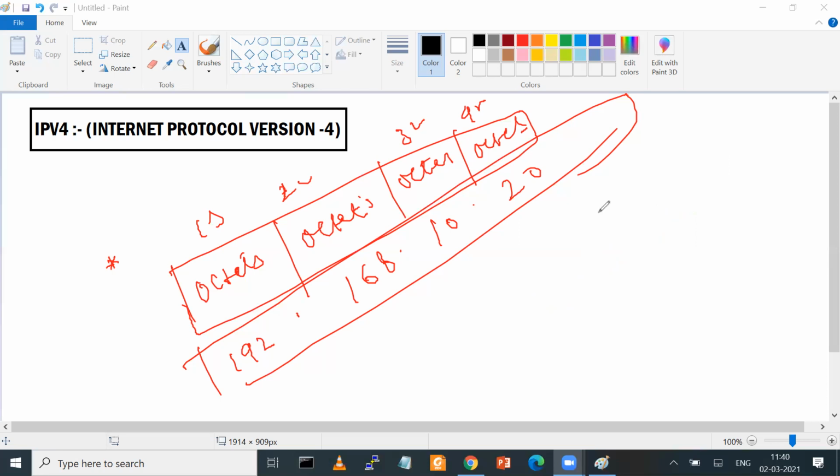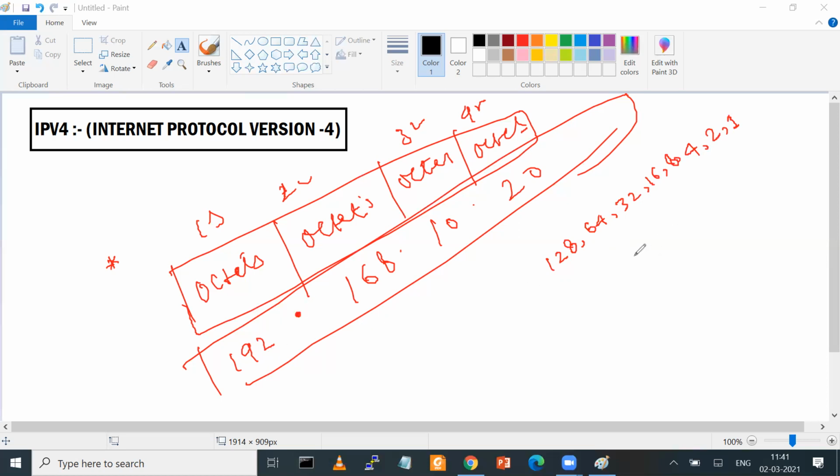See, let me tell you how to work it out quickly. You can think like this: suppose you have these numbers, 128, 64, 32, 16, 8, 4, 2, 1. You have these 8 numbers. Let's suppose you want to make 192.